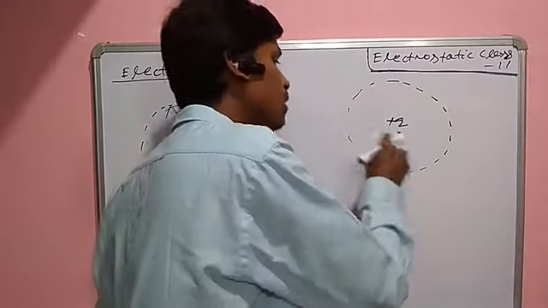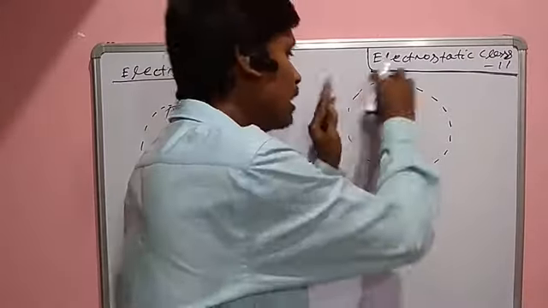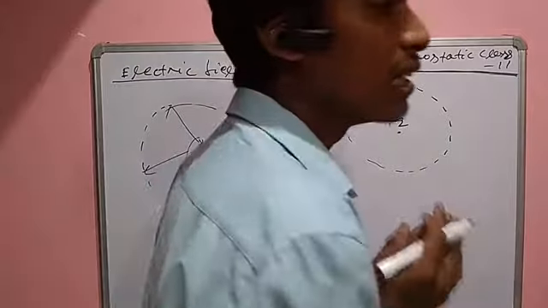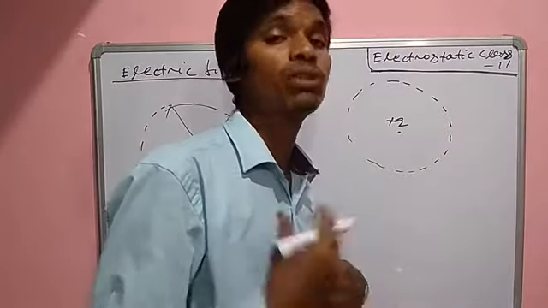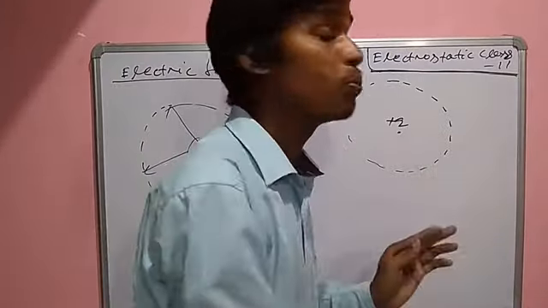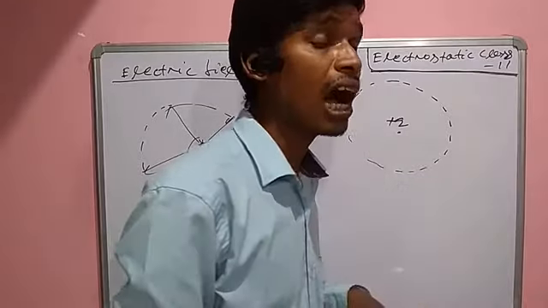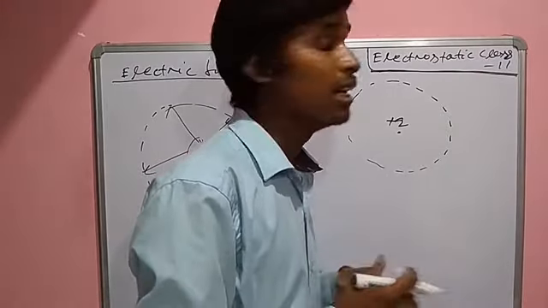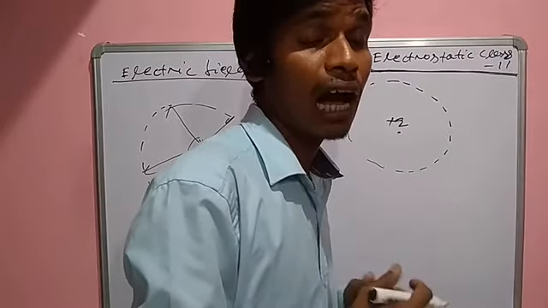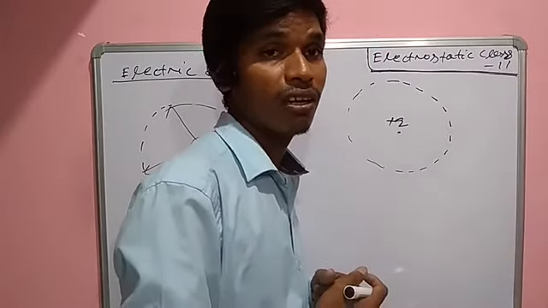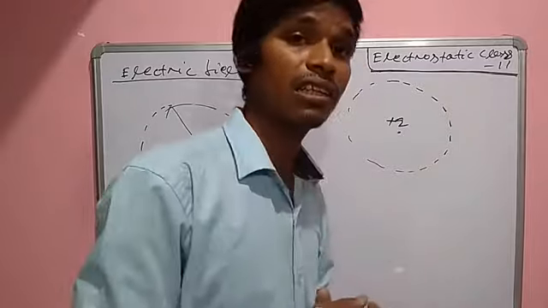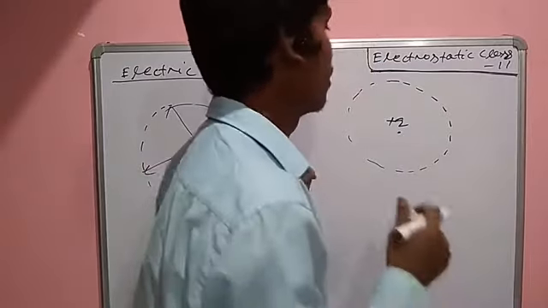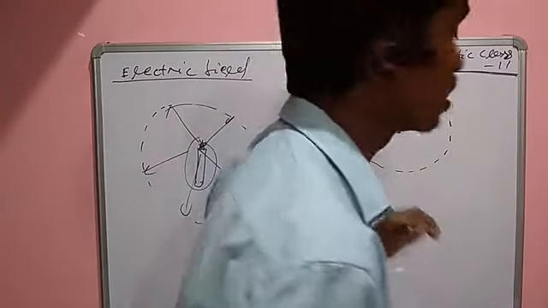But due to placing of charge, the electric field is created. How is it possible that the field is present due to placing of charge? How can I know? It is not visible. The explanation is here.